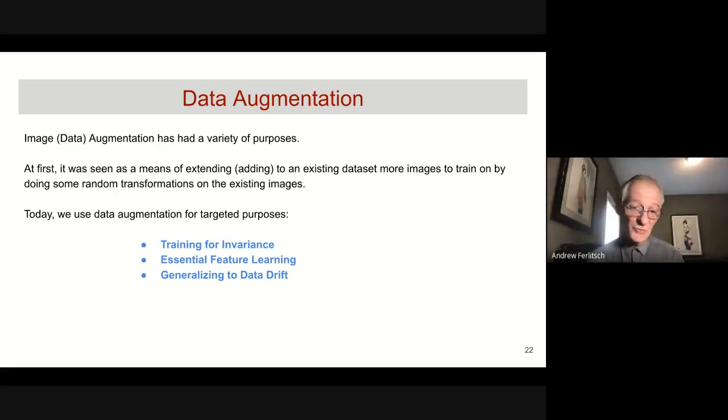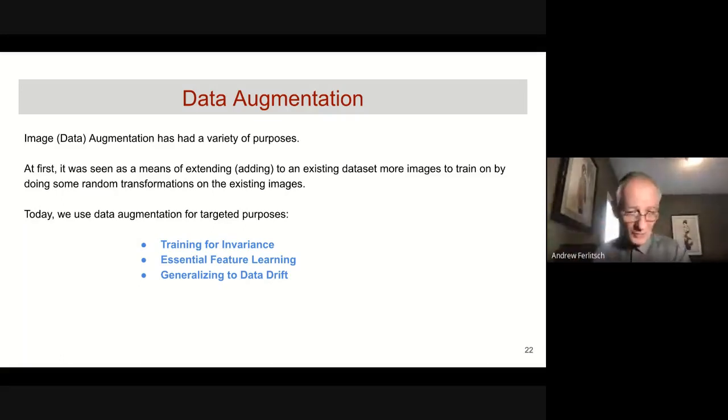So we might be training the model to learn invariance. We might be training the model to do what we call essential feature learning, or we may be trying to get the model to generalize to data drift. If you're not familiar with data drift, the data set you train on has a distribution in the population. You might recall from the data distribution part of this series, that would be a sampling population.